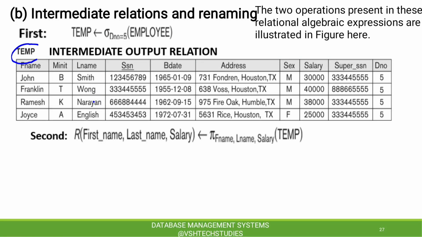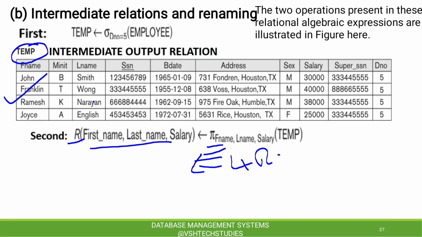Next, this intermediate relation temp is given as input relation to the project operation. Now what will be the outcome of this project operation, which is given for renaming of attributes? It will have 4 rows but only 3 columns, because it will choose only 3 columns. Which columns here?